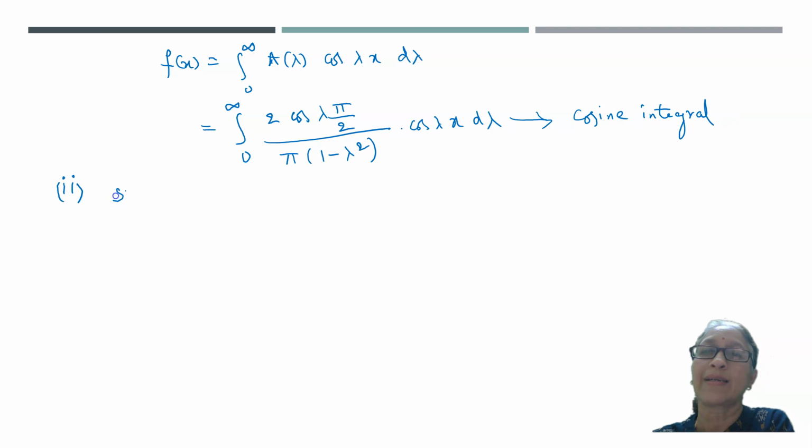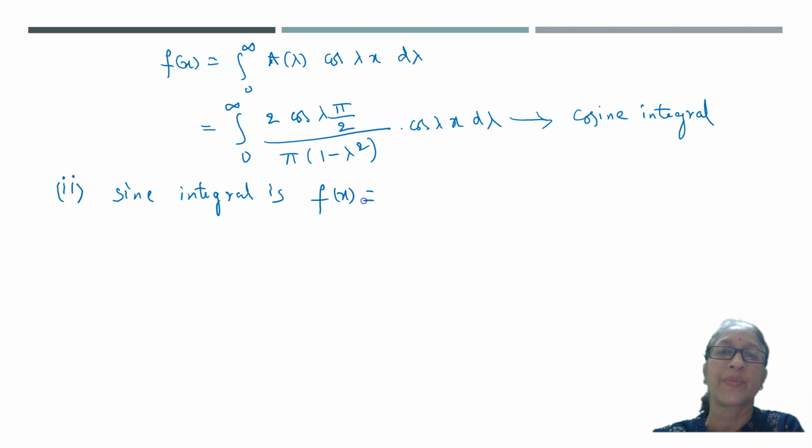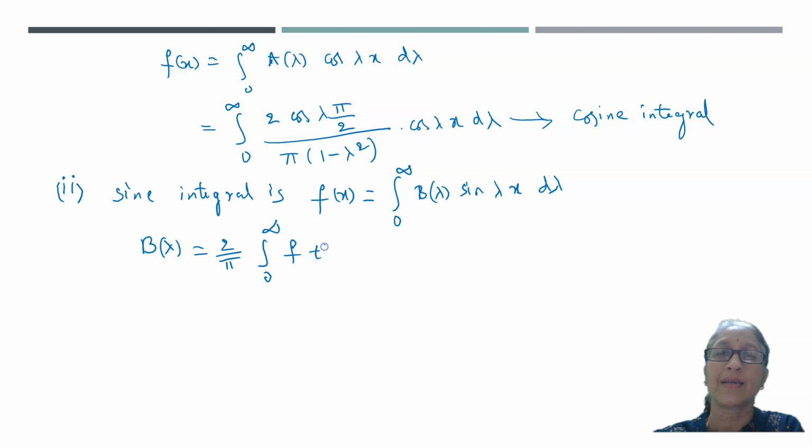Now here, the sine integral is f(x) equal to integral 0 to infinity B(lambda) sine lambda x d lambda. B(lambda) equal to 2 by pi integral 0 to infinity f of t sine lambda t dt.